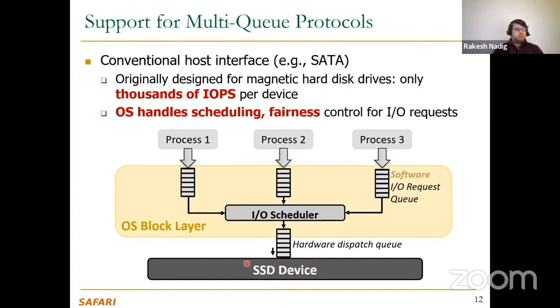The reason for this is that this was designed for hard disk drives, where a read or a write operation would take a lot of time, and that is the reason why there is a single queue, which would be enough for the performance of a hard disk drive.